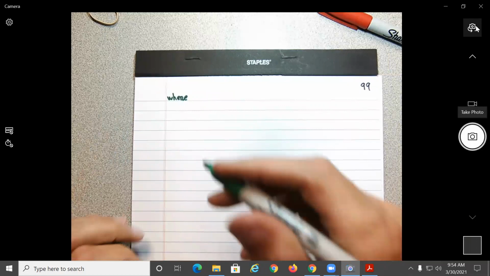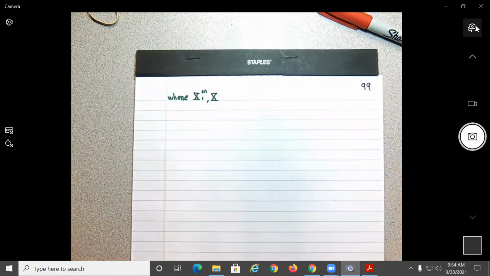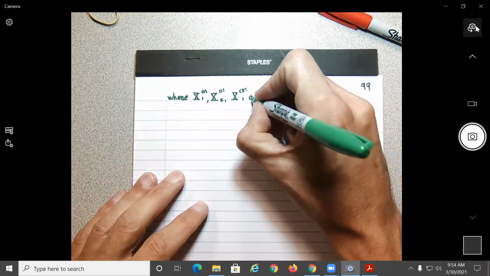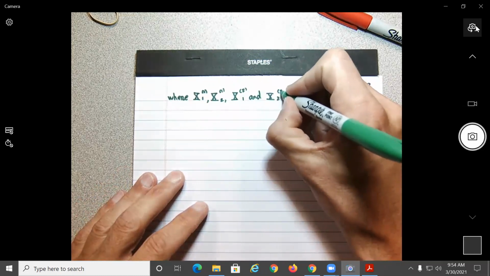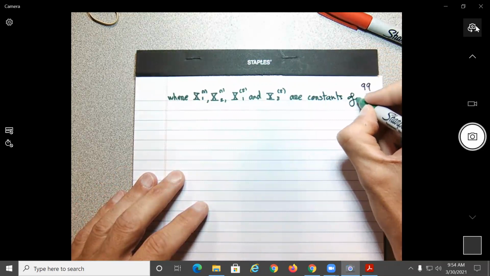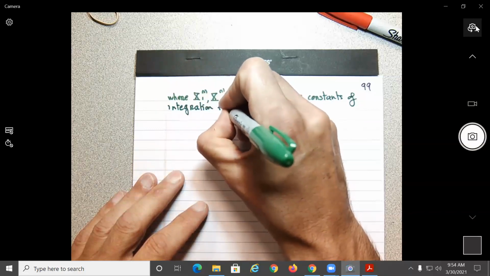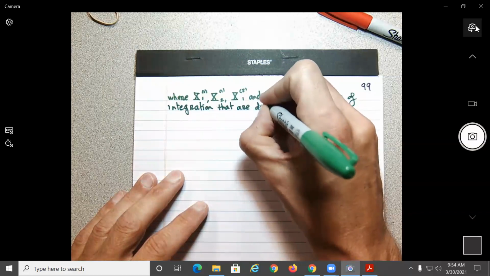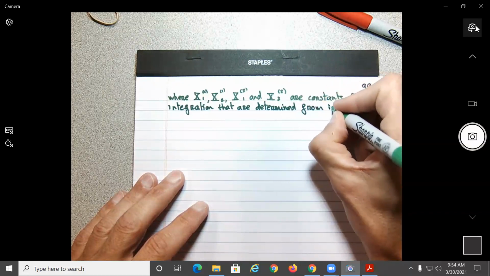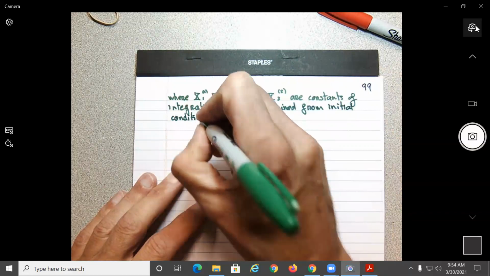So where the x11, x12, x21, and x22 are constants of integration that are determined from initial conditions.